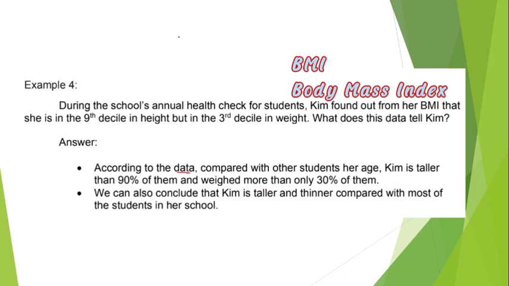Compared with other students her age, Kim is taller than 90% of them and weighs more than 30% of them. We can also conclude that Kim is taller and thinner compared with most students in her school. That's the answer. In the health check of students, she is taller than 90% of students, and then, of course, 30% for weight.